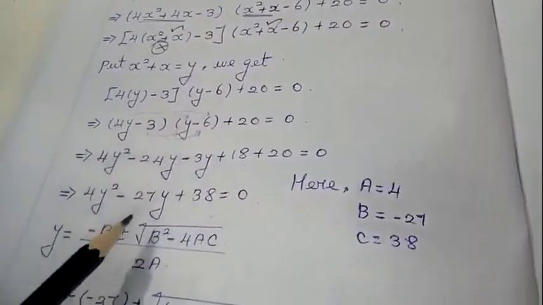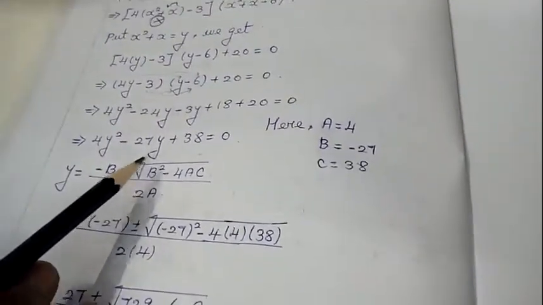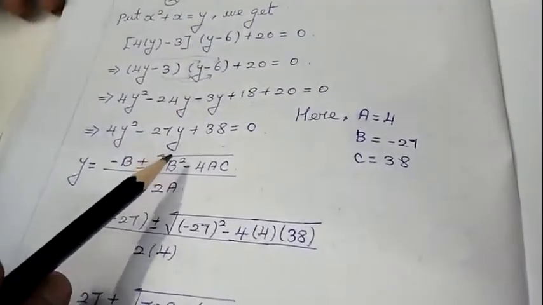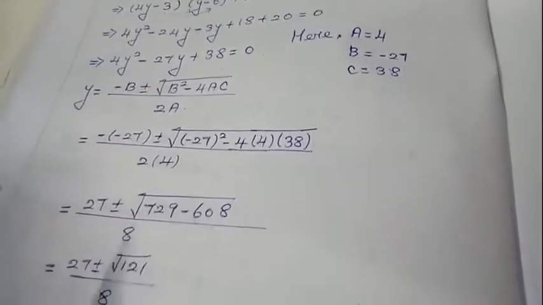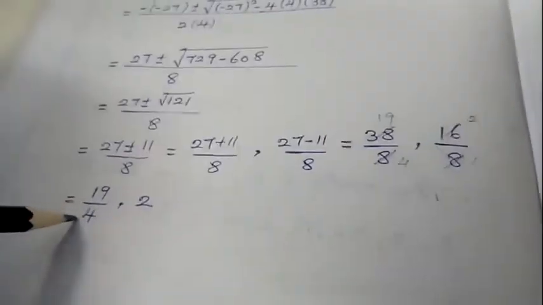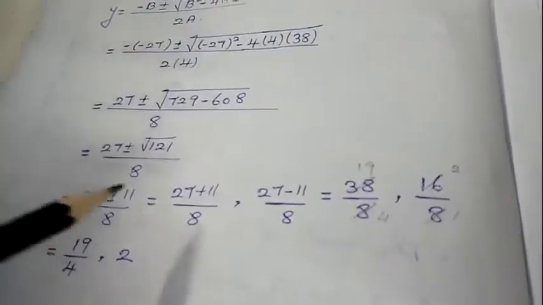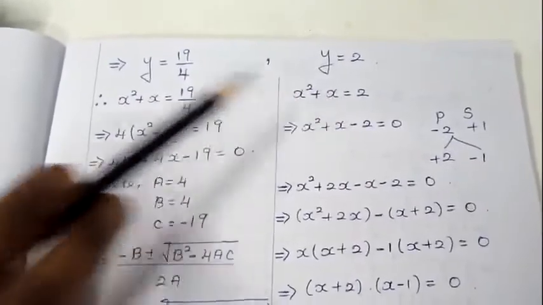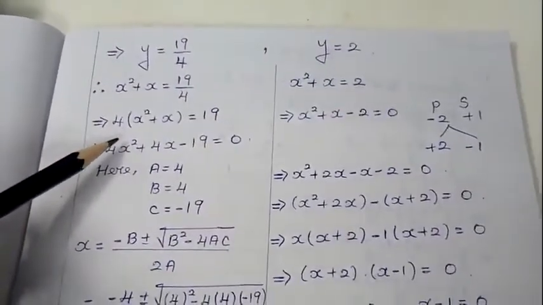You are going to form a quadratic equation, students. After forming a quadratic equation, you are going to use the formula. You are going to calculate and you will be getting the answer as 19/4 and 2. After getting the answer as 19/4 and 2, I am going to replace the value: x² + x = 19/4 and x² + x = 2. Form a quadratic equation.